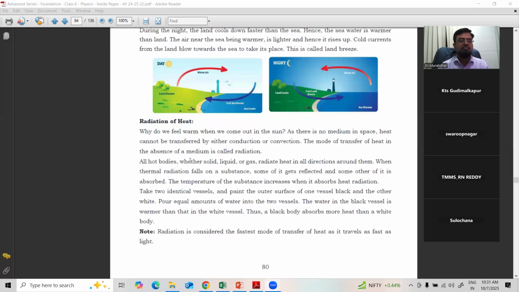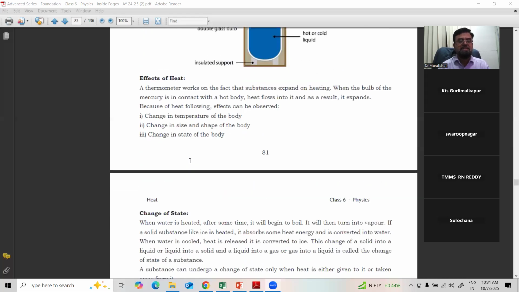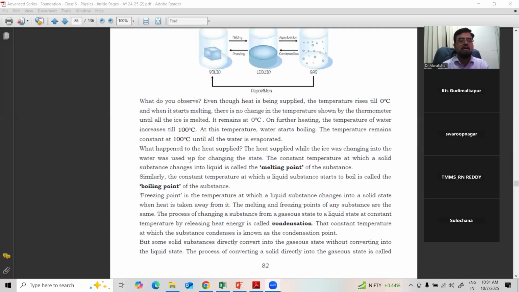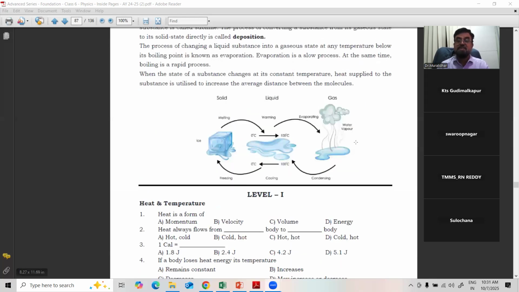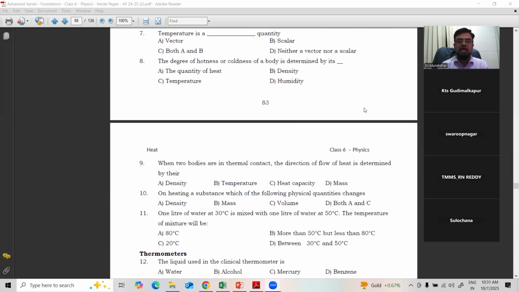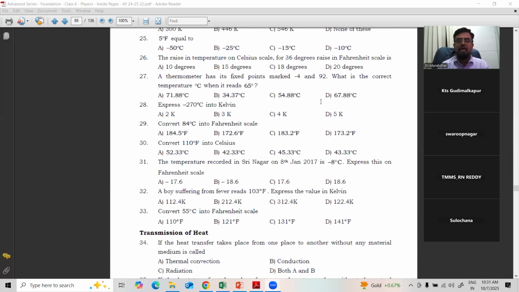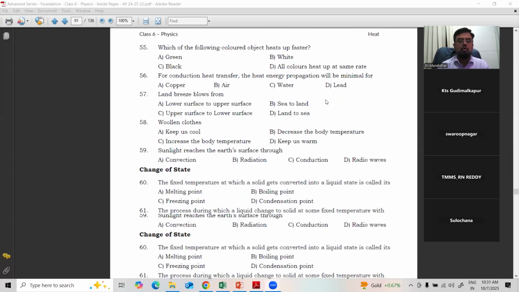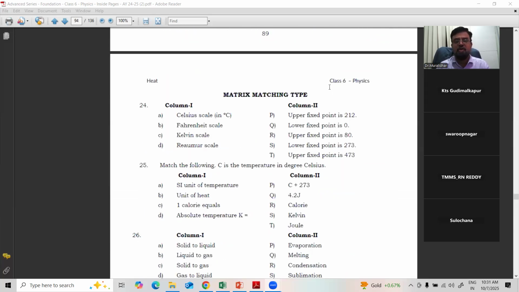That is transmission of heat, a very important part. Some daily examples, and how heat makes a body change its state from solid to liquid or liquid to gas. That is also one kind of effect of heat, which we'll discuss in the coming days. Maybe it will take two or three sessions to discuss the total transfer of heat.